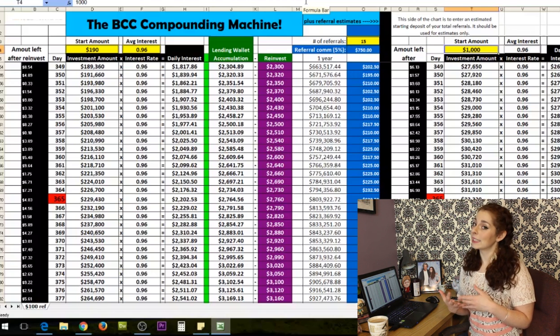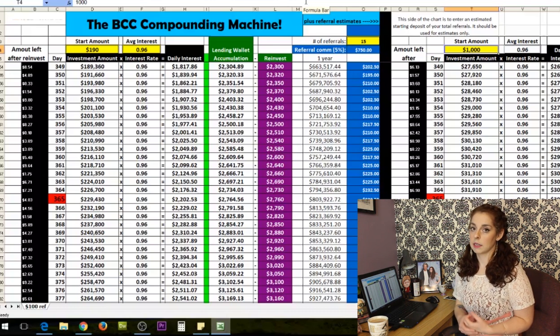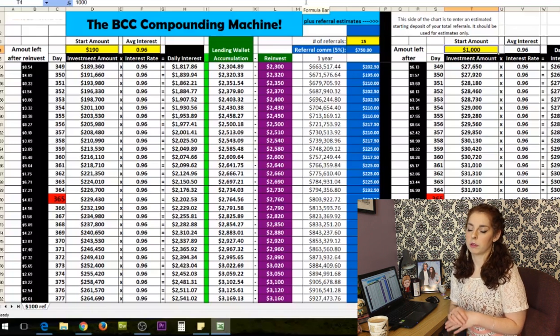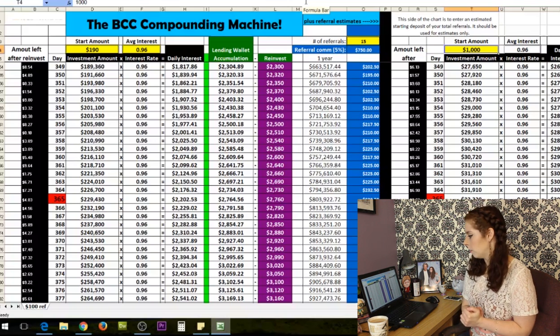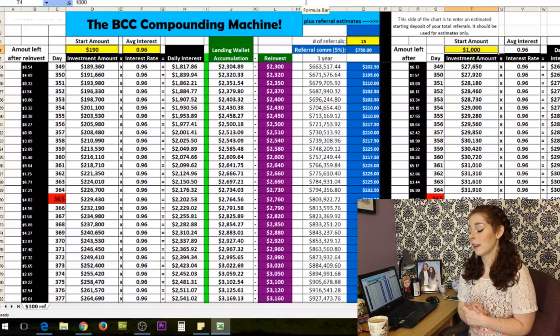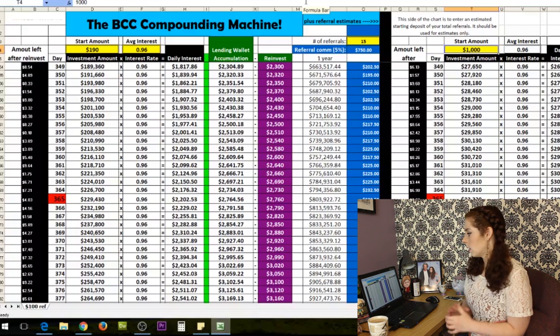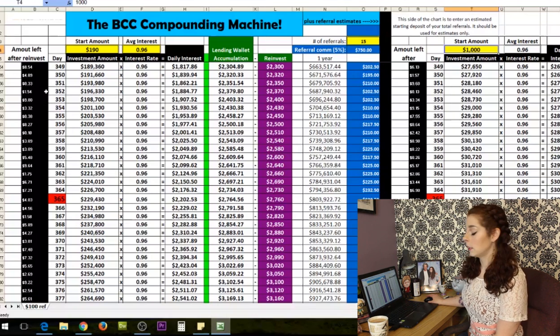So I'm going to bring this back down to the 15 mark because I think that is a realistic number of referrals that I can try to achieve. So at the 365 day mark, I would be at $229,430.